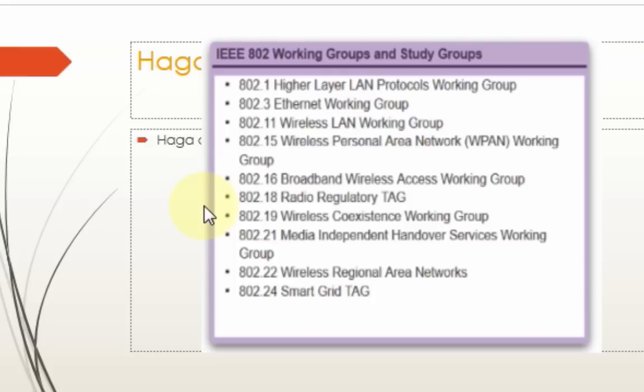It creates and maintains standards affecting a wide range of industries, including power and energy, healthcare, telecommunications, and networking. Each IEEE standard consists of a working group responsible for creating and improving the standards. Here we have examples of working groups that exist in IEEE.